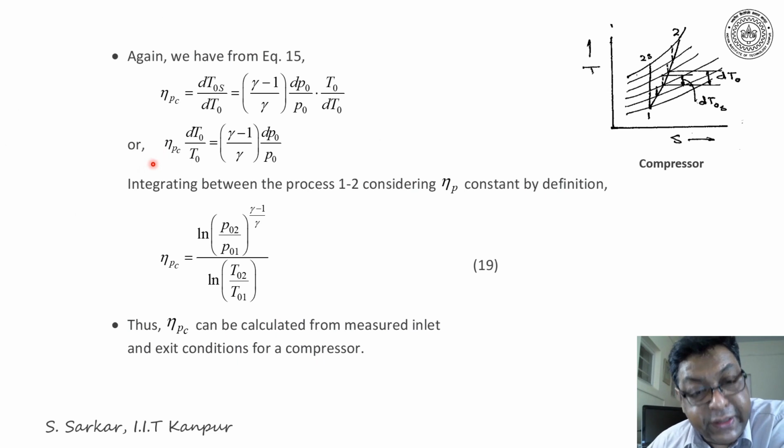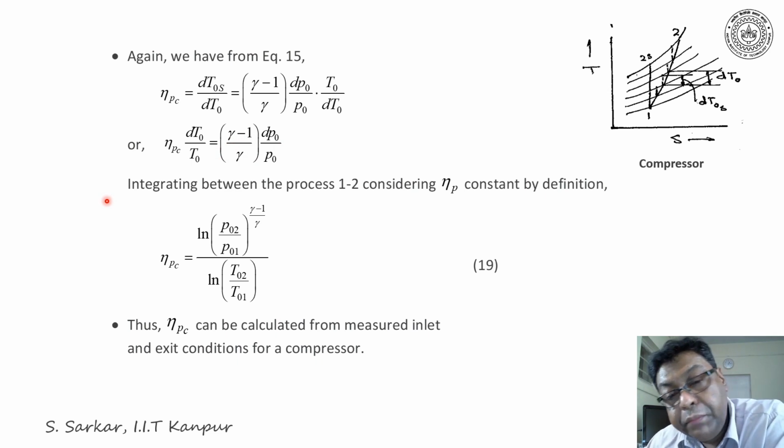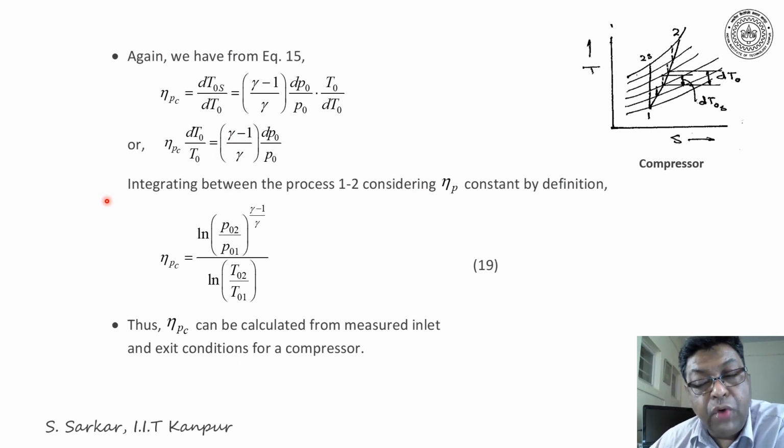Or it can be written as eta PC into dT0 by T0 equal to gamma minus 1 by gamma into dP0 by P0. Thus, integrate between the process 1 and 2, which is the compression process, considering eta P remains constant by definition.